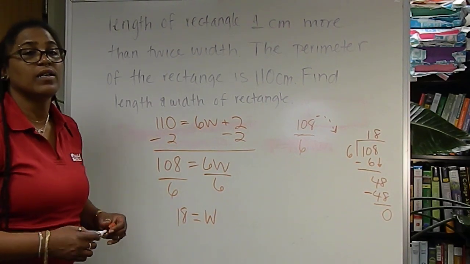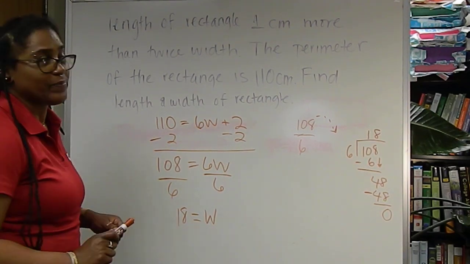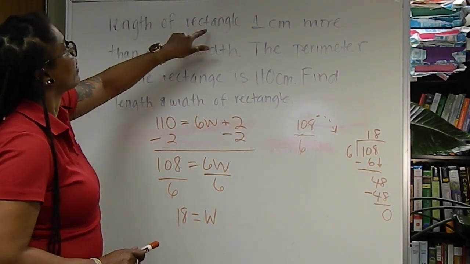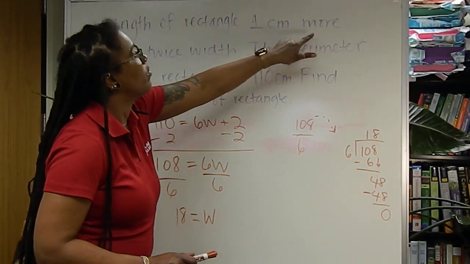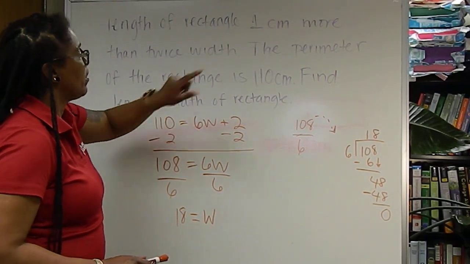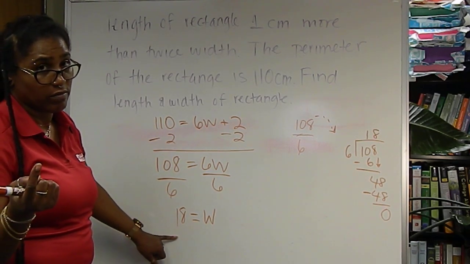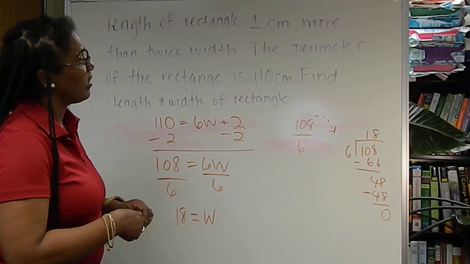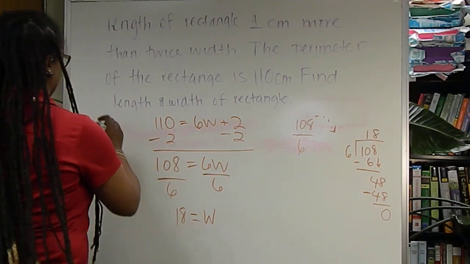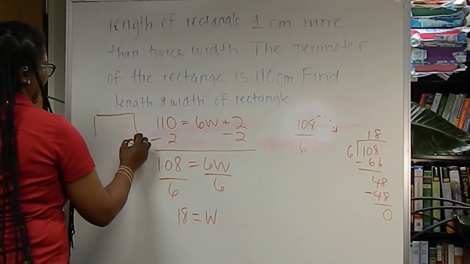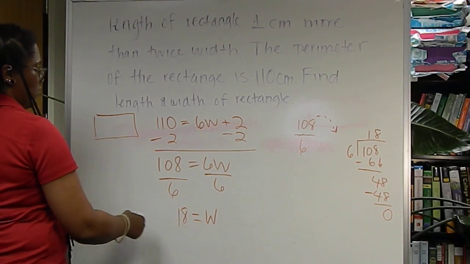So, are we done yet? No. The length of the rectangle is 1 centimeter more than twice the width. We just figured out what the width was. We know one side. Oh, I should have left the rectangle. So what we just figured out is this.